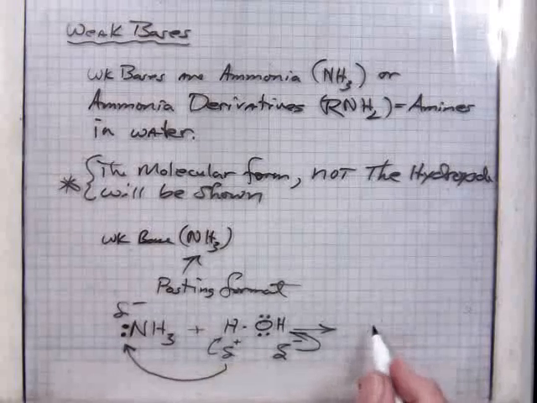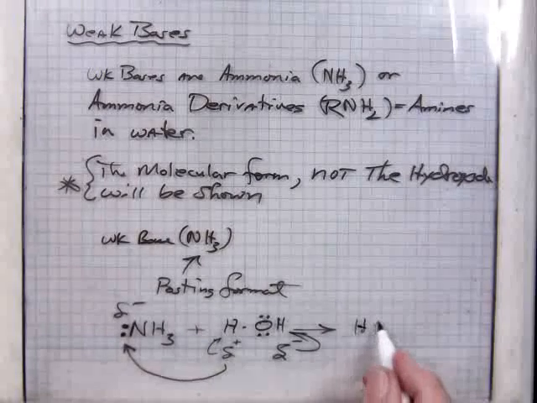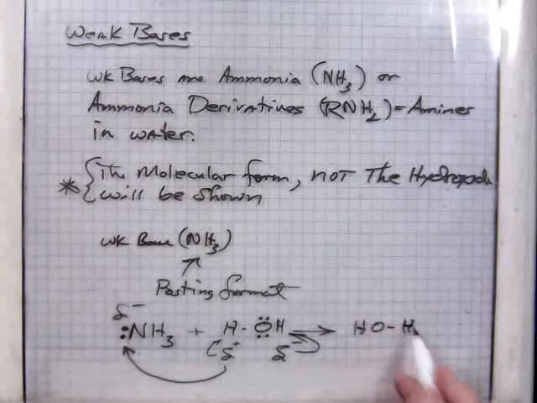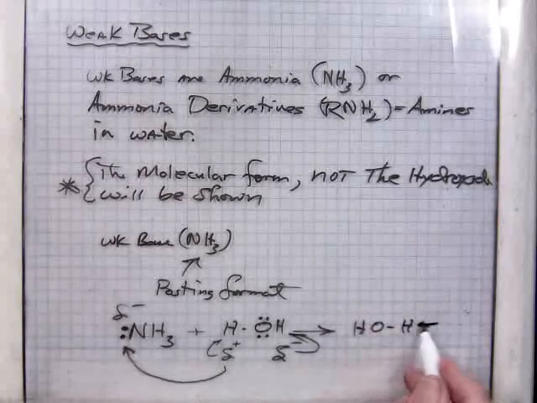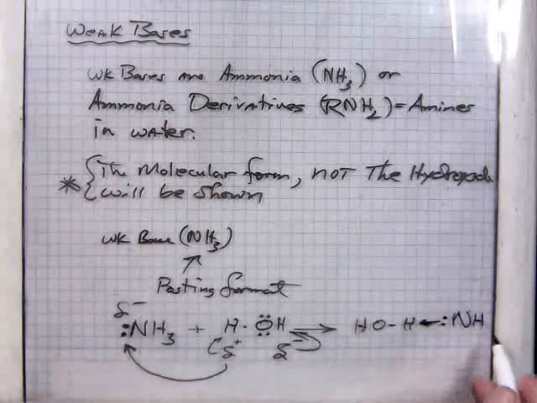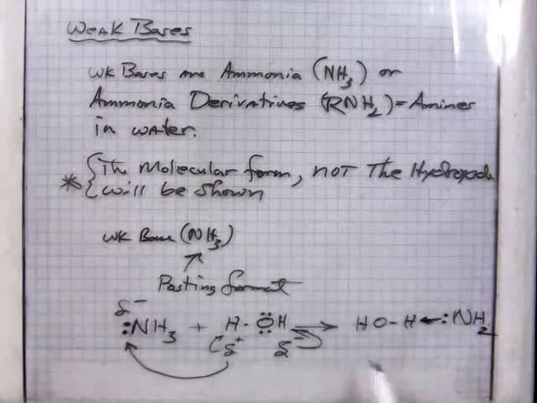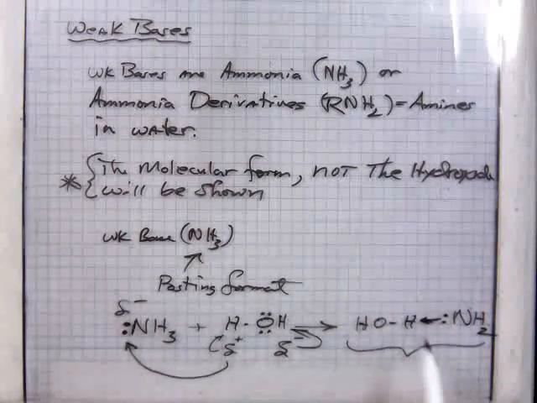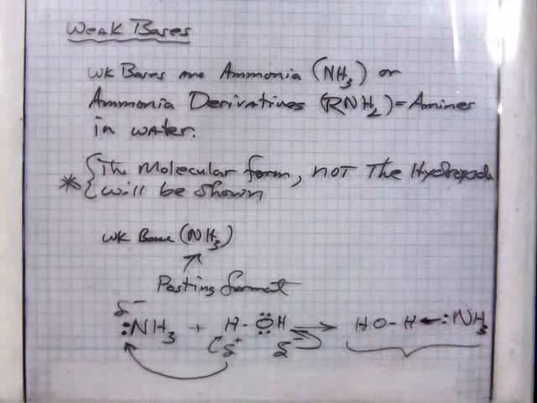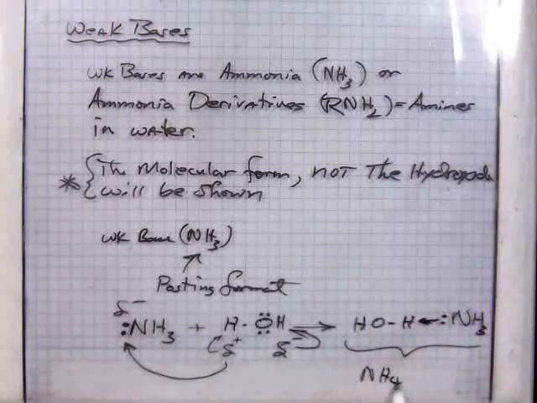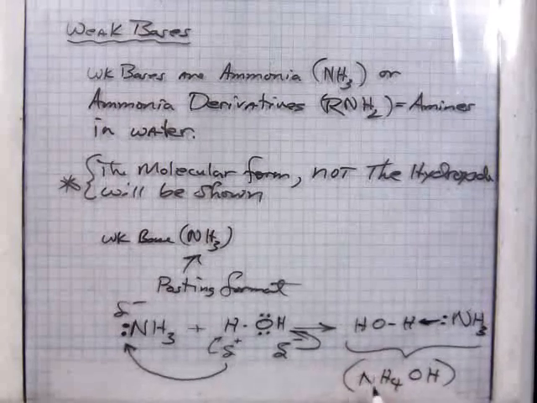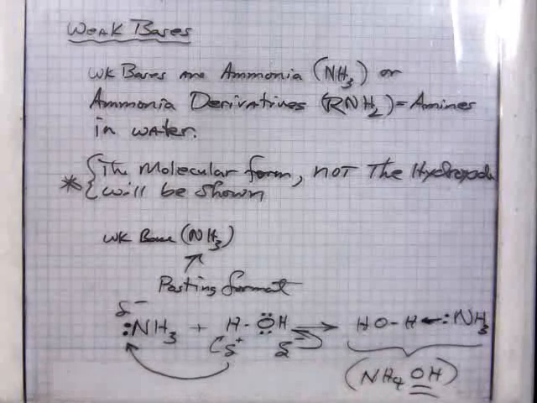And we'll get the following, I'll put it this way, HO, and then H, and then the electron pair will be responsible for forming the bond like that. And this is typically noted, it should be a 3, sorry. This is typically noted in the following format, NH4OH. Now that's the ionizable weak base, the hydroxide of the ammonia.